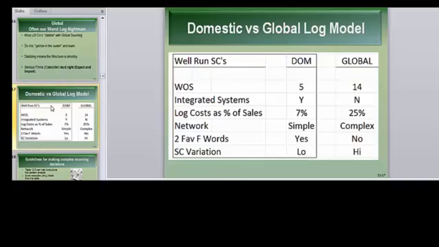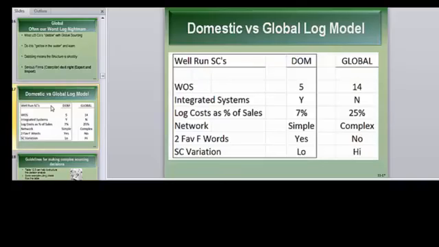About 4 to 5 DCs for companies that have high inventory turns are sufficient for truckload shippers to be effective on both cost and service. We can live domestically with, remember, our 2 favorite F words, frequency and flexibility. And supply chain variation, though it exists, is relatively low.